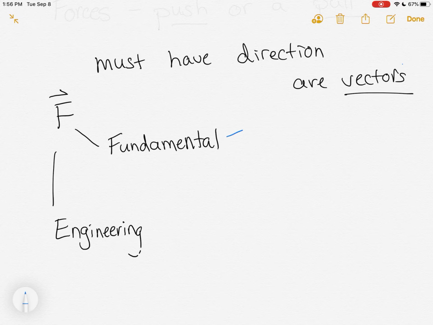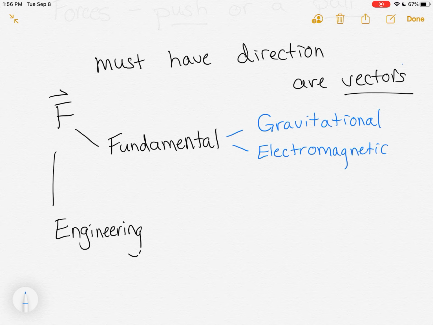There are 4 different types, and the first one is gravitational, which we will look at a little bit. Then we also have electromagnetic, and then there is the strong nuclear force and the weak nuclear force.